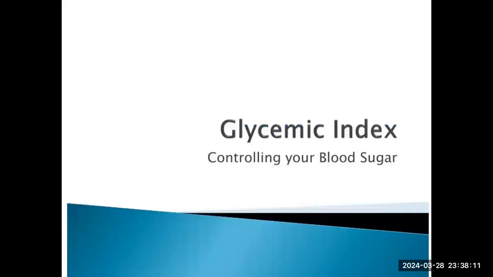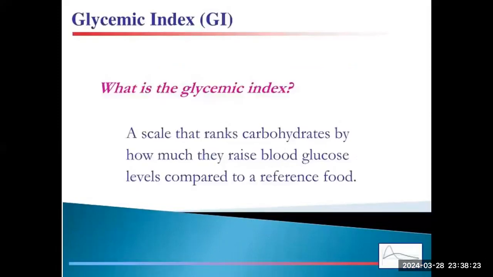Coming to glycemic index. Glycemic index is the one that is controlling our blood sugar. What do we mean by glycemic index? A scale that ranks carbohydrates by how much they raise blood glucose levels compared to a reference food.